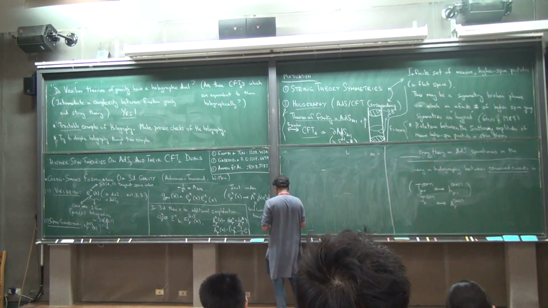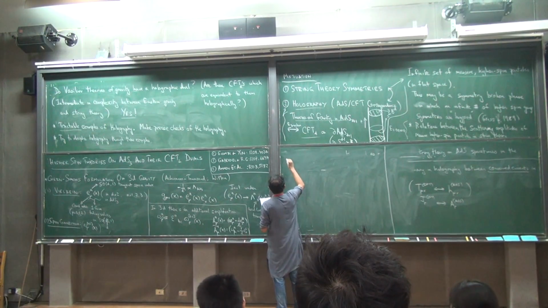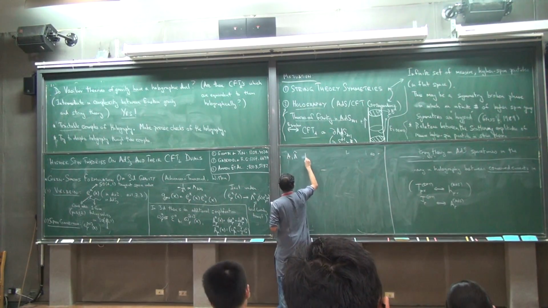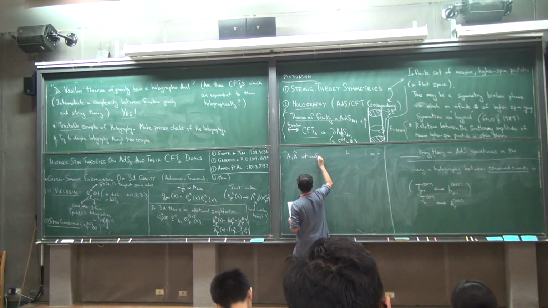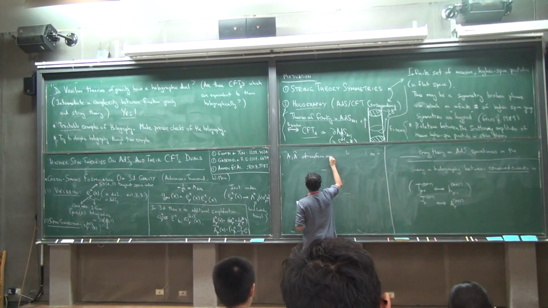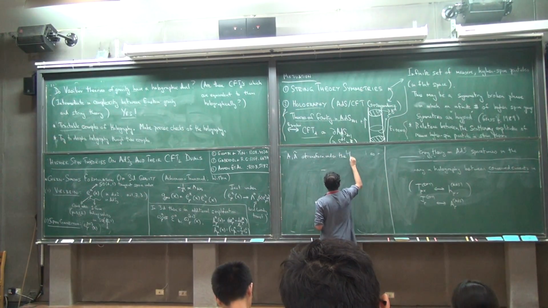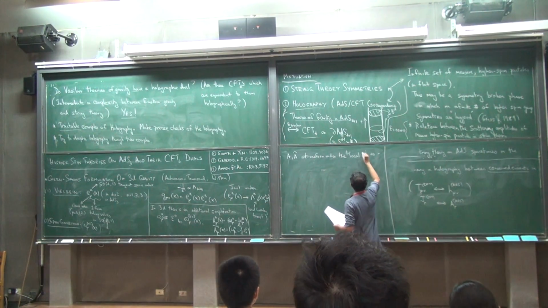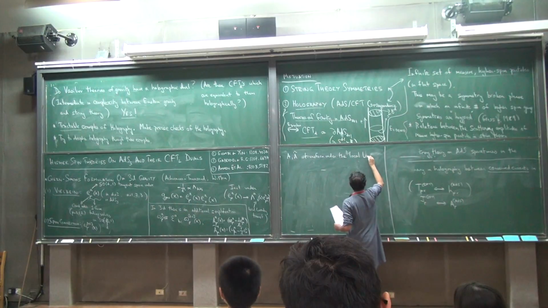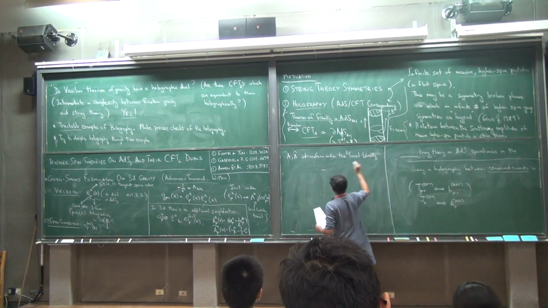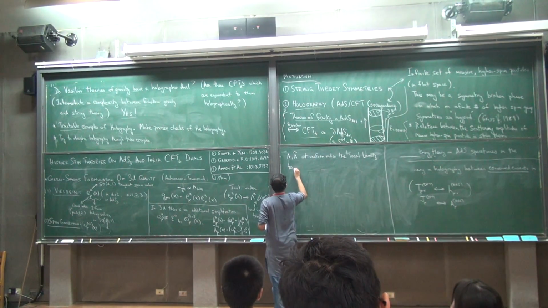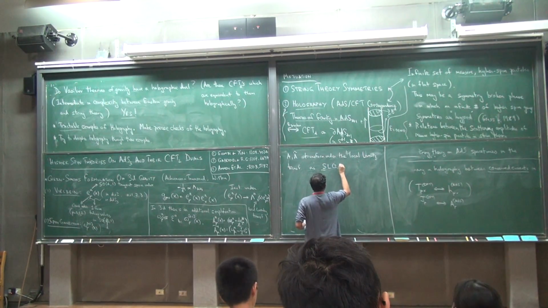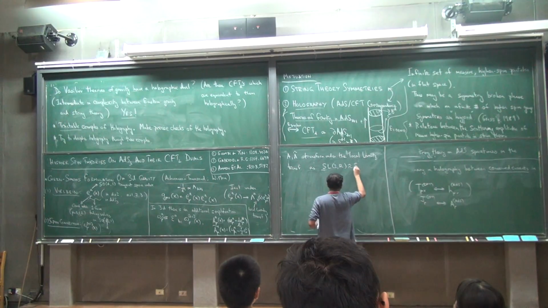the A and the A tilde are transformed under the local Lorentz transformations, under these kind of local Lorentz transformations, as SL2R, which is the same as SO(2,1).